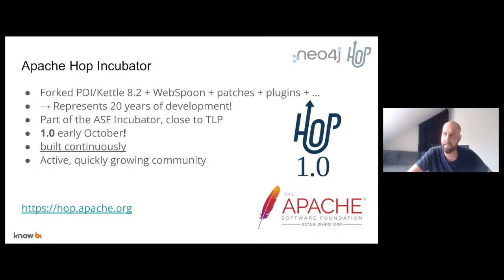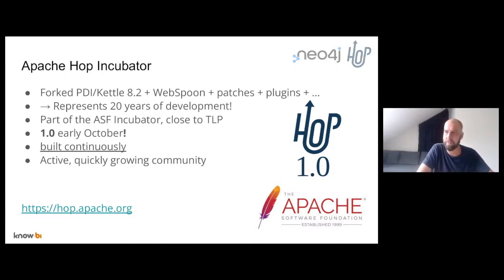Additionally, we'll have version 1.0 out very soon, probably early October, and tomorrow is the 1st of October, so expect 1.0 soon, and that will be a major release. Everything that has been done in the last 2 years of work will be available in 1.0.